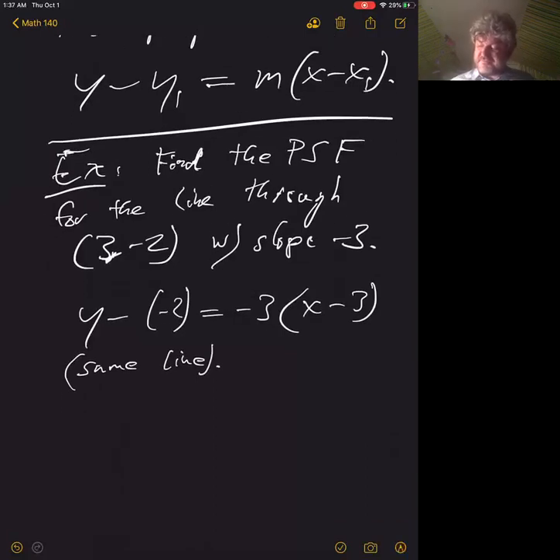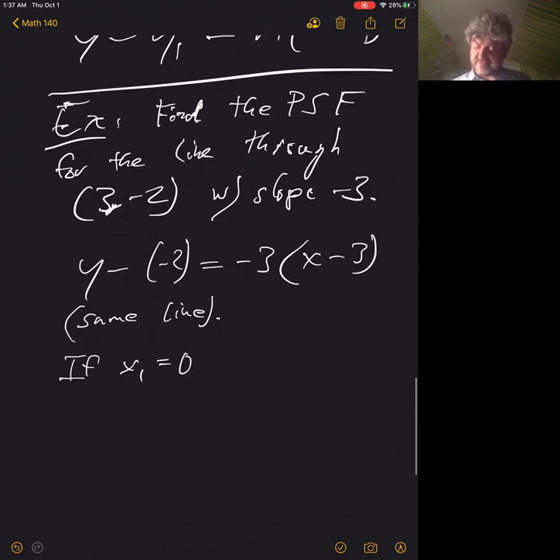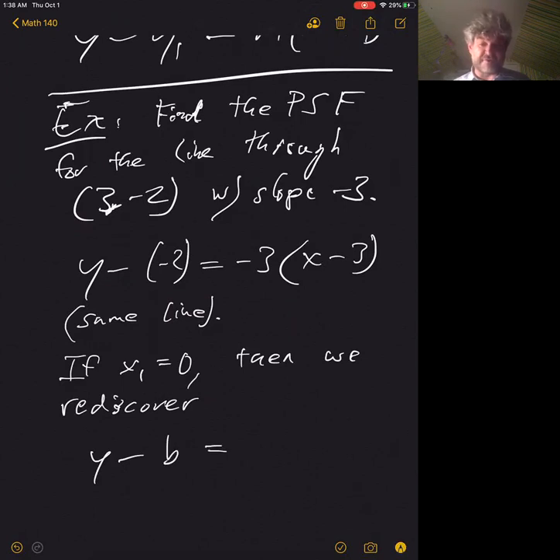And well, if your x1 is 0, so the x value of the given point is 0, then we rediscover y minus b, that's the y coordinate which belongs to x1 is 0, equal to m times x minus 0, don't need to write that.